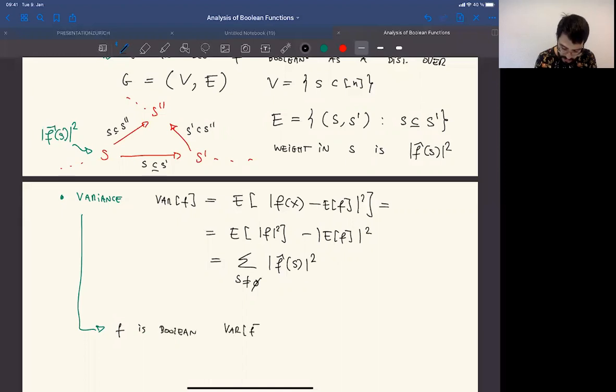We leave this as an exercise: show that it is actually equal to the probability that f is 1 times the probability that f equals minus 1. Let me define covariance. What's the covariance between two functions?